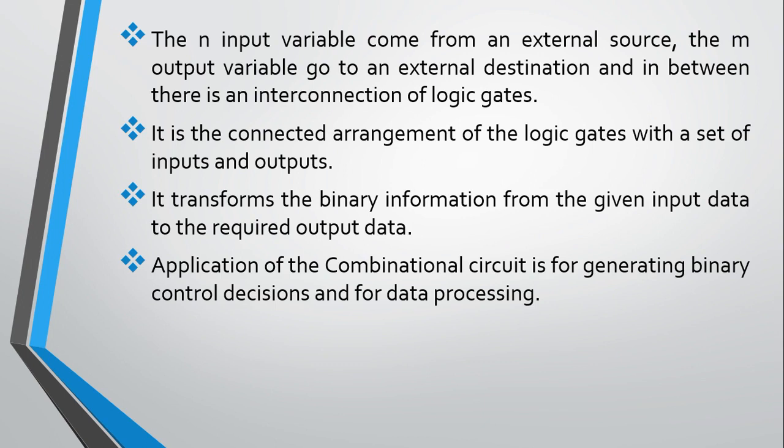And there are two applications for which a combinational circuit is used. Number one, if you want to generate binary control decisions, you can use a combinational circuit, or for data processing you can use a combinational circuit. Is that clear to everyone? I hope the given points are properly clear.